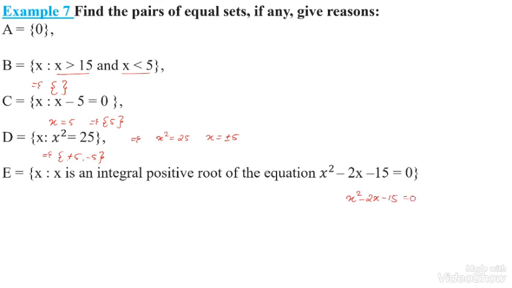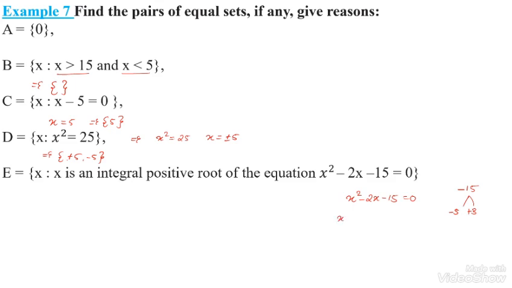While solving the quadratic equation, we have to consider minus 15: two numbers which multiply to give minus 15, and which add to give minus 2. So I will take 5 and 3, 5 times 3 is 15. Here I will take minus 5 and plus 3. Minus 5 times 3 is minus 15, and minus 5 plus 3 is minus 2.